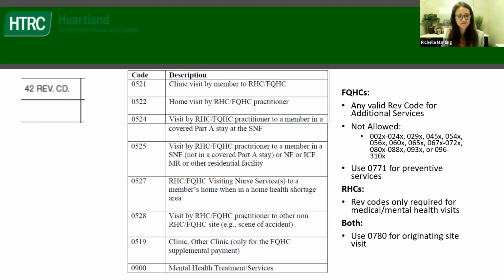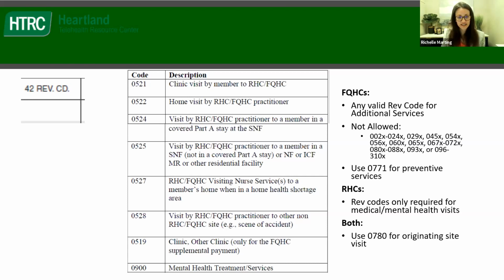If the FQHC is billing for preventive services to Medicare, so those items and services that Medicare covers at no cost to the member and pays 100% with no deductible, co-insurance, etc., then the revenue code you'll use for those services is 0771.